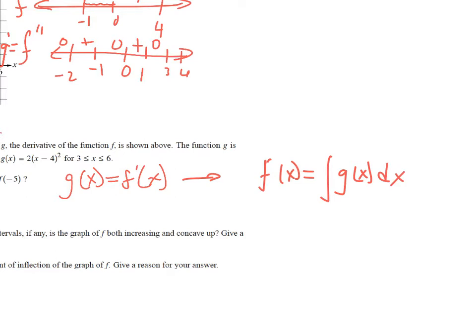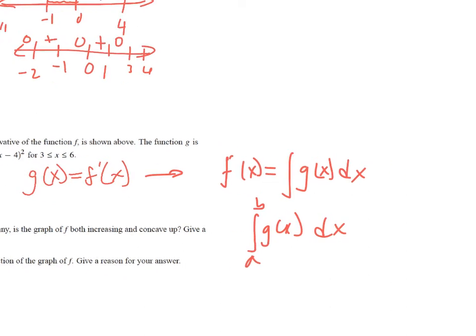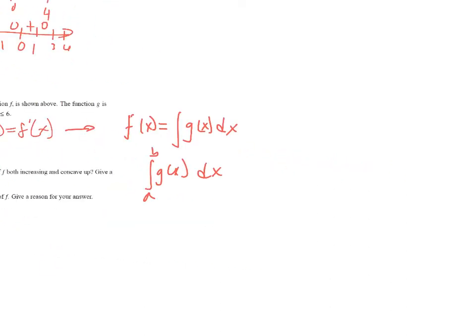And that's kind of useful to know here, because we could also say that the integral of g of x dx from a to b, using the first fundamental theorem of calculus, is going to be f of b minus f of a. So that's an important relationship.